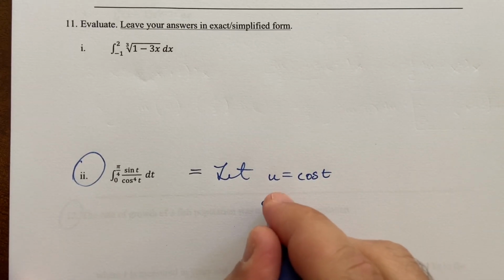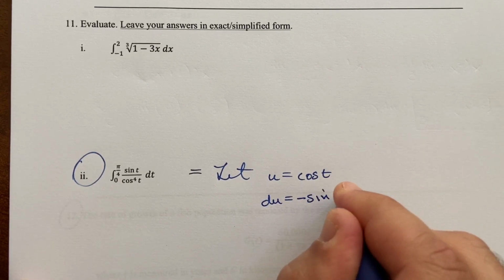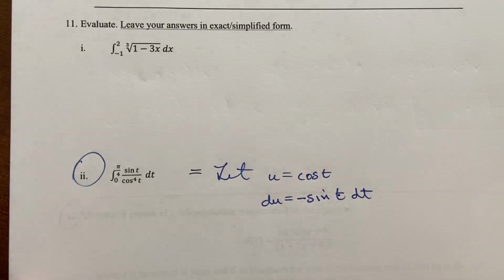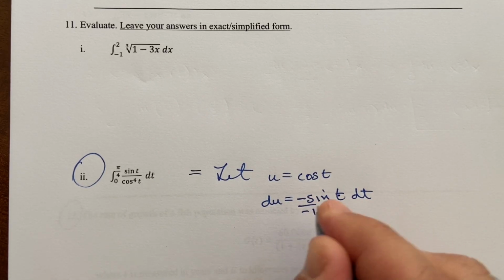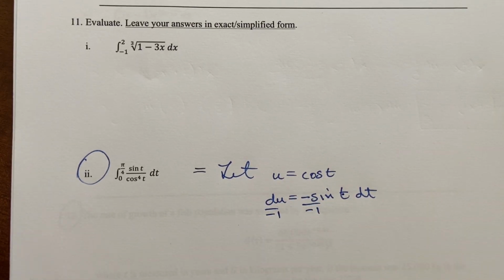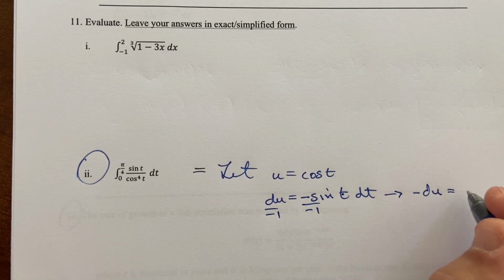And then that way du equals negative sine t dt. And I have a sine there. I don't have the negative, so I'll divide by negative 1. So negative du will replace sine t dt.